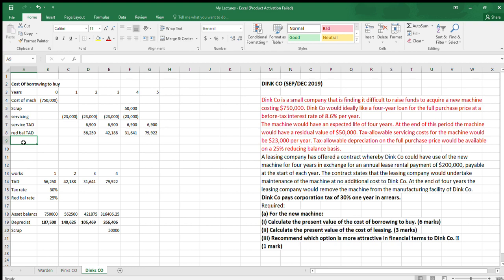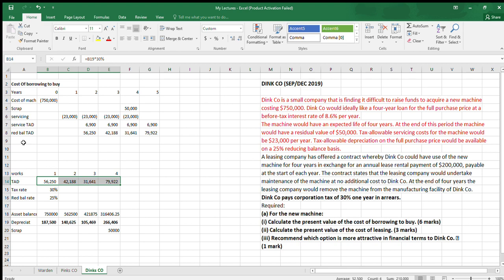After getting those depreciation figures, this won't go to your answer, but rather you apply the tax rate of 30% on it to get these figures. These figures are always positive, and that is what will go into your main answer.